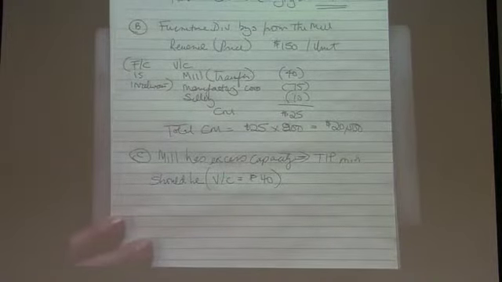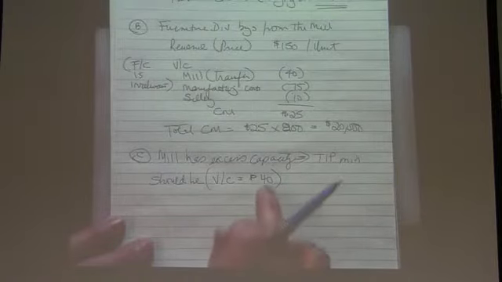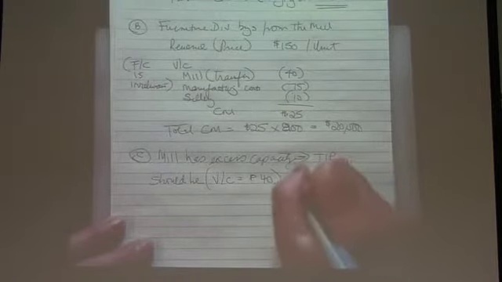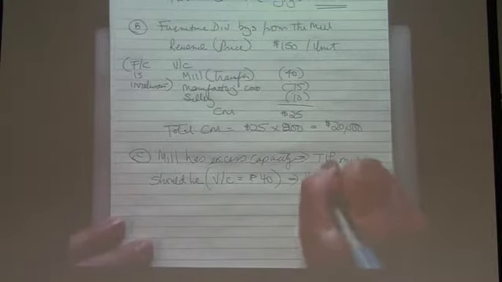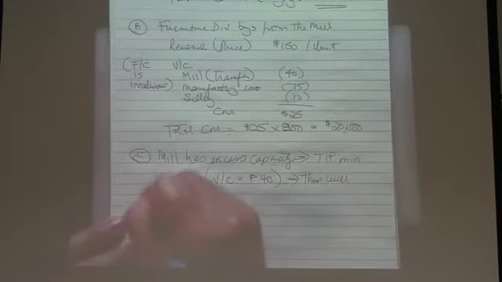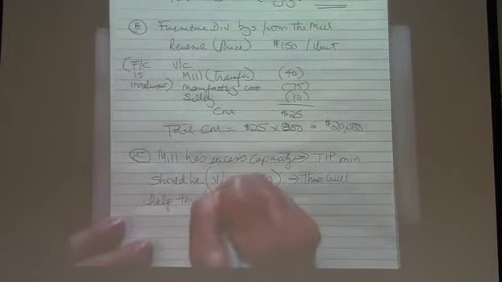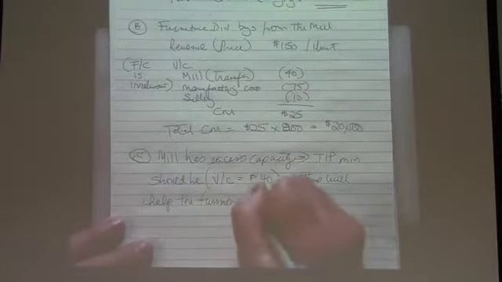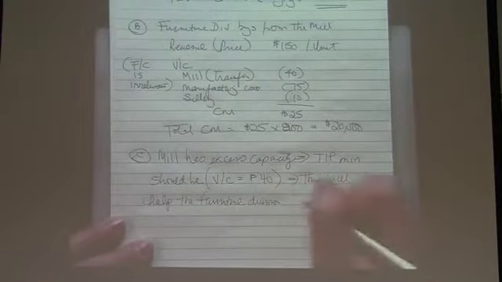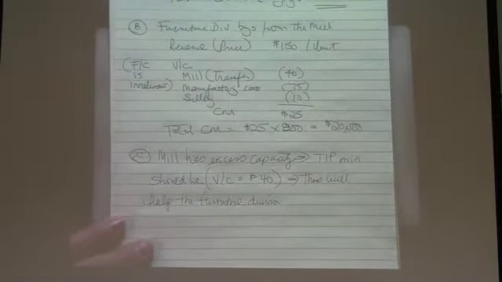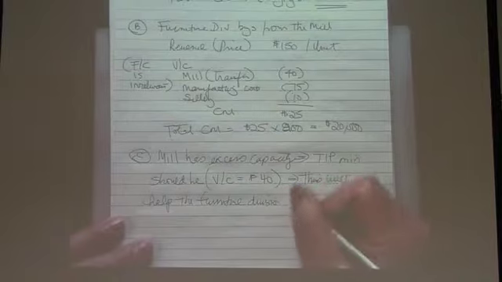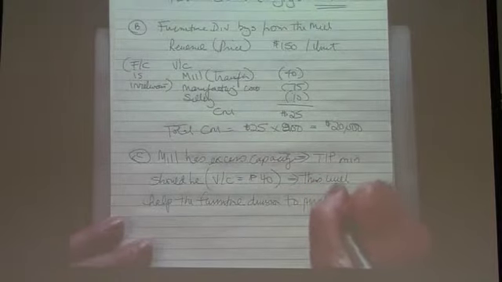The transfer price policy would motivate the furniture division to buy it because it's going to be less than the market price of $60. It will motivate them to purchase internally.